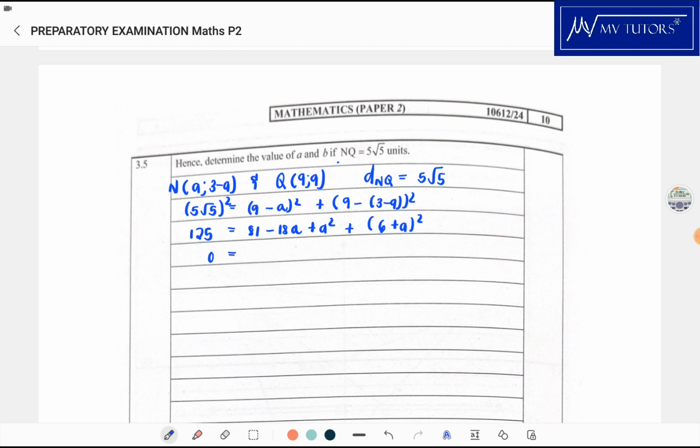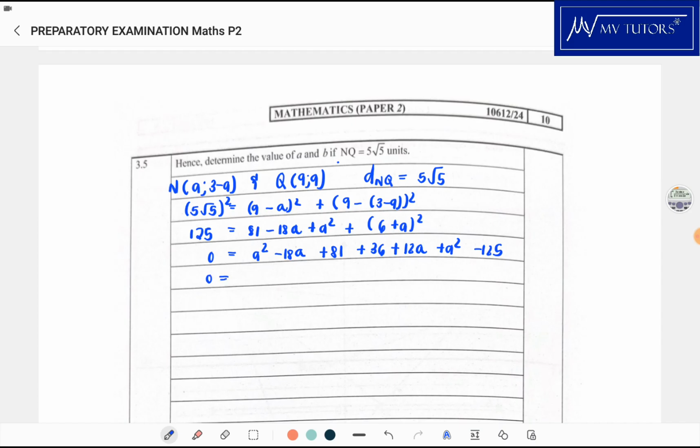I'm going to take 125 to the other side. So we have A squared minus 18A plus 81, plus 36 plus 12A plus A squared minus 125.